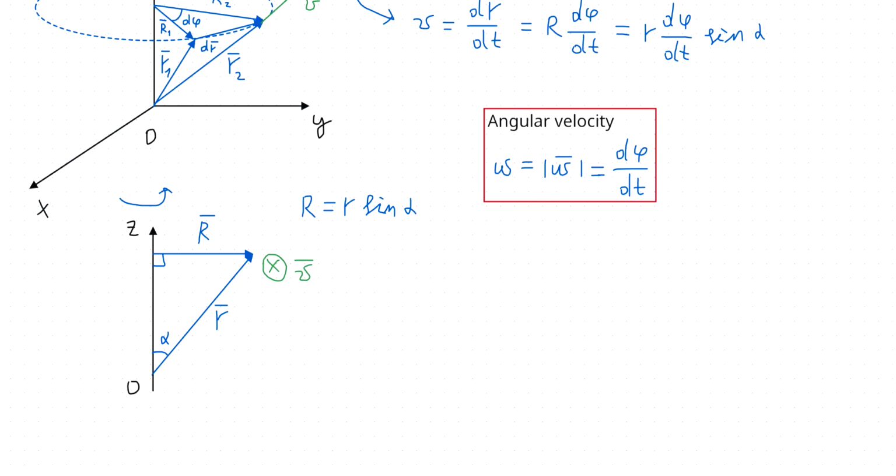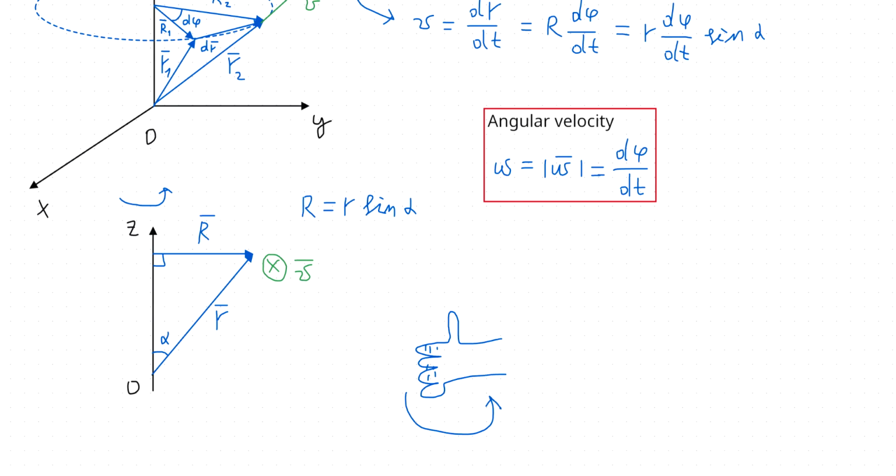If we draw the right hand, and these fingers show the direction of rotation, some finger will show the direction of vector omega, the direction of angular velocity.